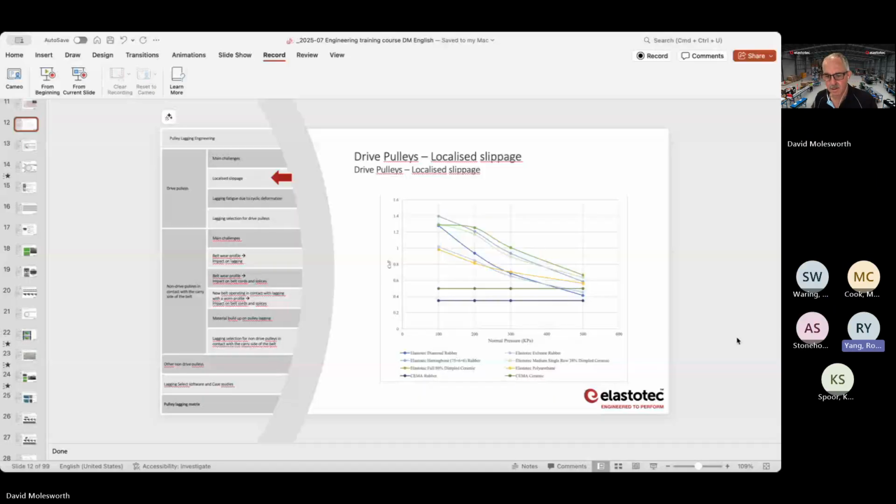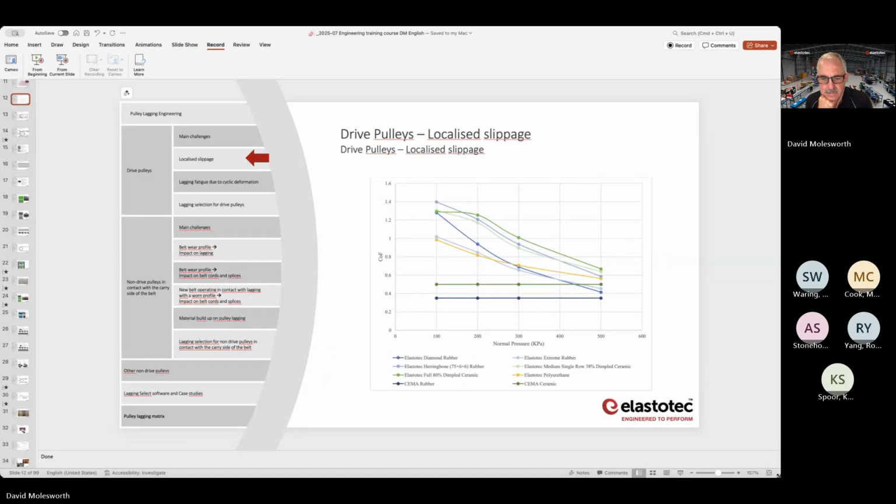So, David, the leading question that I had was, does the online software help us determine what the friction coefficient we should be using for a particular conveyor? Well, the answer is yes, and it does that by allowing you to put inputs in so that you eventually get no slippage.